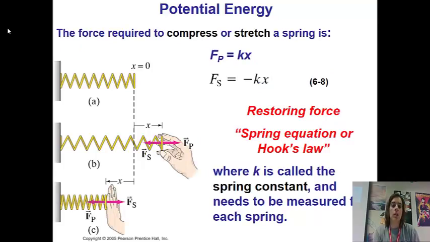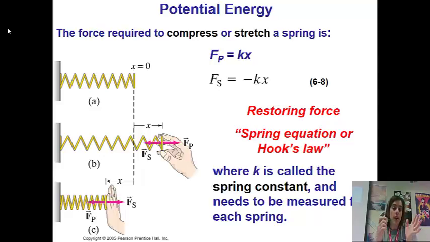If you remember, we find the force that a spring exerts based on Hooke's law, which is negative kx. That's the restorative force, k being the spring constant, measured in newtons per meter.